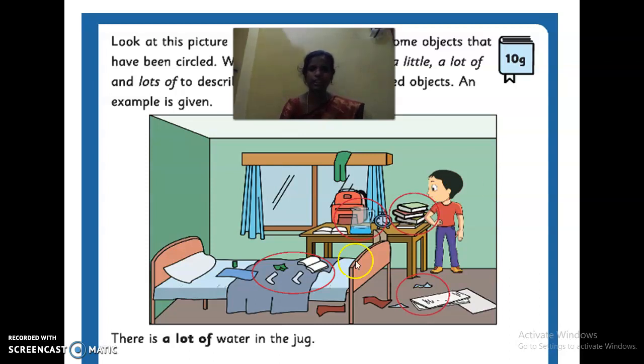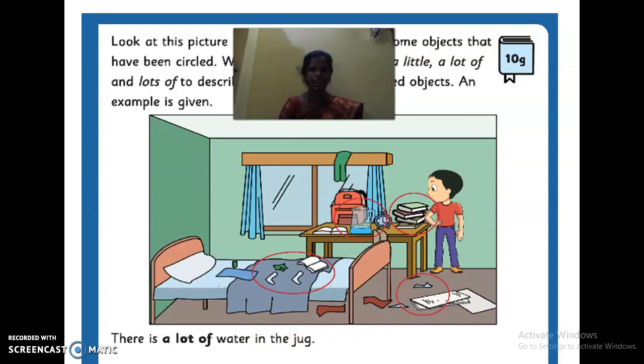Okay, so they circled 4 images. On the floor we can see some bits of paper, on the table a lot of books, and we can find the jug with some little water, and here also we can find some books, socks on the bed. Okay, so with the help of these images we have to frame sentences. Shall we frame a sentence now?